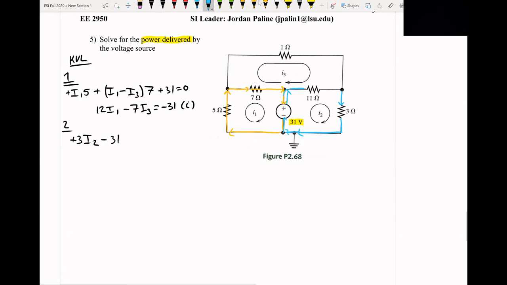Then we'll travel this way through this 11, so we will get 11 times I2 minus I3, since I3 is opposing our direction, and we'll set that equal to 0. Then if we simplify down, we'll get 14I2 minus 11I3 equal to 31. And this will be our second equation.